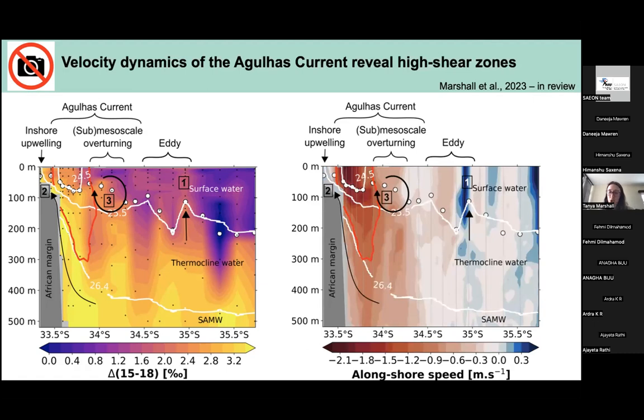Okay, so now I'm showing the current speed, which you've seen already. So if we look at the location of the entire eddy, we can see the two halves of the eddy field, right? So the southwestward component and the northeastward component, which is pretty strong here at the offshore edge of the eddy. Over the shelf, we don't have broadband data, so we can't really make any conclusions about that.